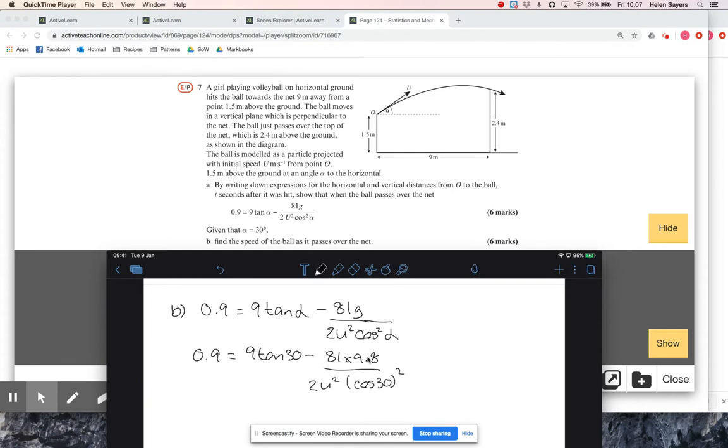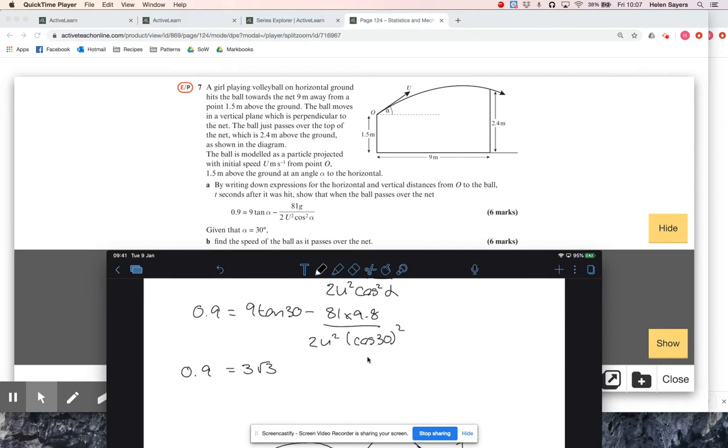So I'm going to get 0.9 is 3 root 3 minus 81 times 9.8, so minus 793.8, over, so I'm going to do the cos 30 squared and then times by 2, and write that as a decimal, so over 1.5 u squared.